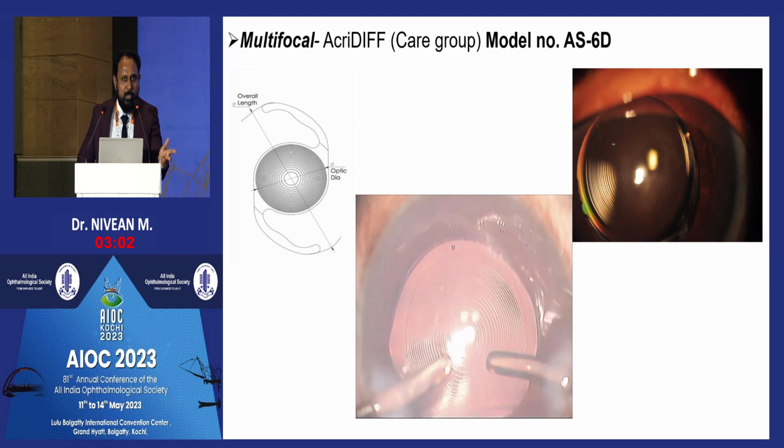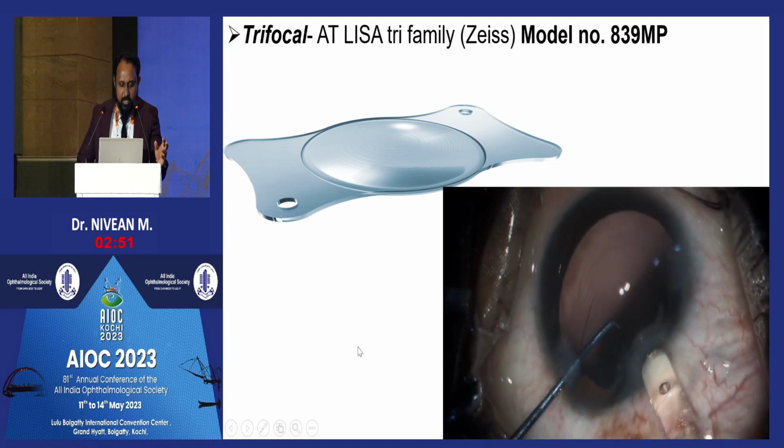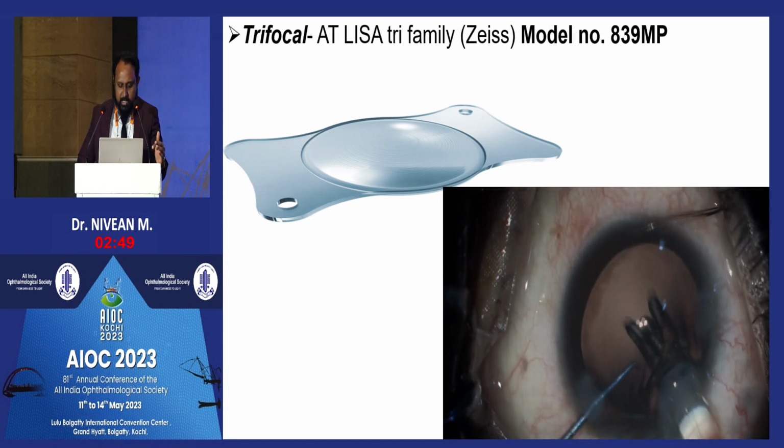As you can see, most of these multifocal lenses have lots of rings and they're closely packed, and because of the sharp edges they had more glare and halos. Then came the group of trifocal lenses, where you have both the plate haptic design and the loop design.